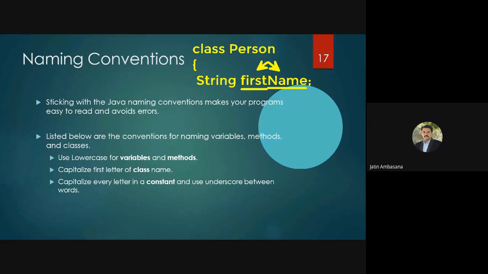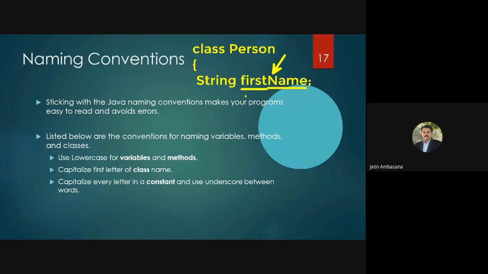So first starts with a small case letter to show that it's a variable or maybe a method name, and then if a new word comes, you use a capital letter to differentiate it.